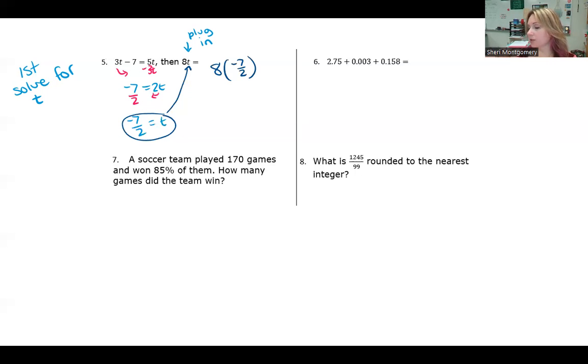Don't do it because then you have to go plug it in. So when I go plug it in, 8 over 2, that can reduce. 2 goes into 8 4 times. That becomes a 1. When I multiply straight across, I get 4 times -7. What's 4 times 7?